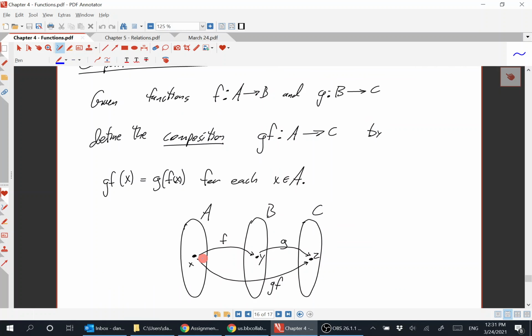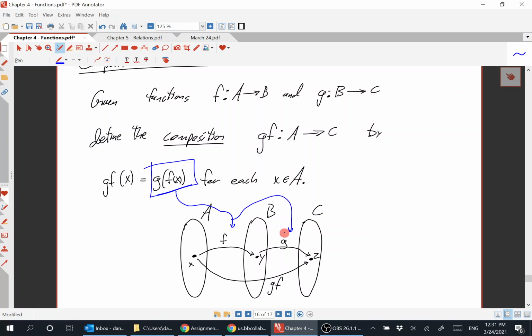From A to C, defined as follows: g following f of x is g of f of x. What this means is that you have x in the domain A, and f takes x to something y in B, and then g takes y in B to something z in C. So that's what the blue means.